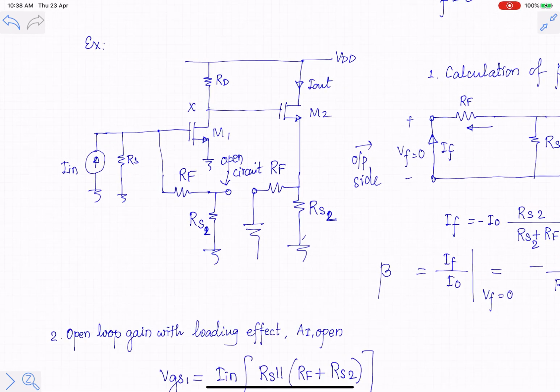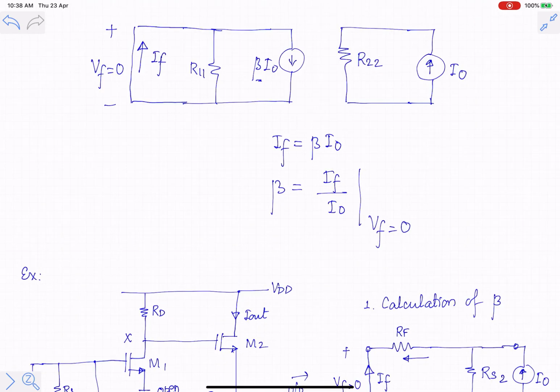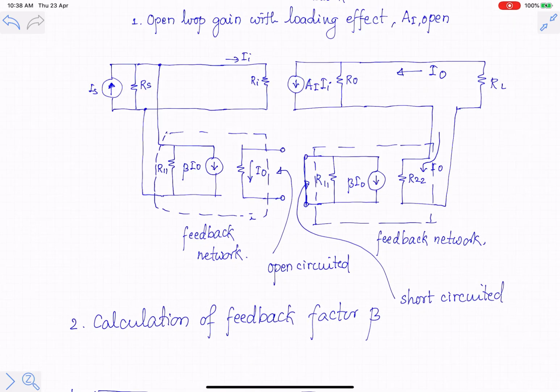Whenever there is a parallel connection, the input impedance will reduce. So Rin open will be divided by 1 plus loop gain. On the output side, there is a series connection. Whenever there is a series connection, impedance will increase. So output impedance will increase by a factor 1 plus loop gain. So R out open will be multiplied by 1 plus loop gain in this case.